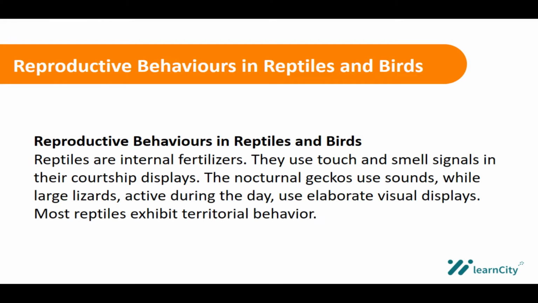Now let's talk about the reproductive behaviors in reptiles and birds. Reptiles are internal fertilizers. They use touch and smell signals in their courtship displays. The nocturnal geckos, those are geckos that move at night, make use of sounds, while large lizards that are active during the day use elaborate visual displays.